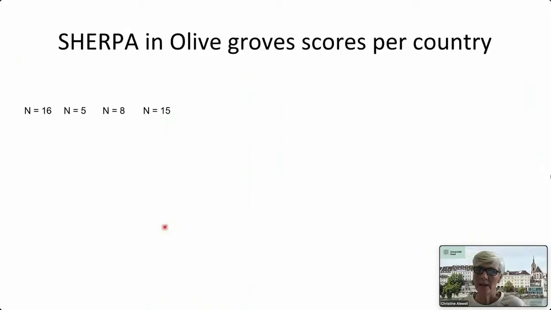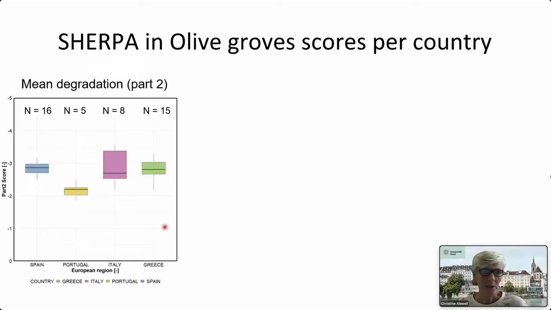If we look at the Sherpa values across different countries, and here you have the number of olive orchards per country, we see that part 2, the degradation average of all degradation processes, is similar for Spain, Italy, and Greece, around -3, and for Portugal, slightly better, -2.